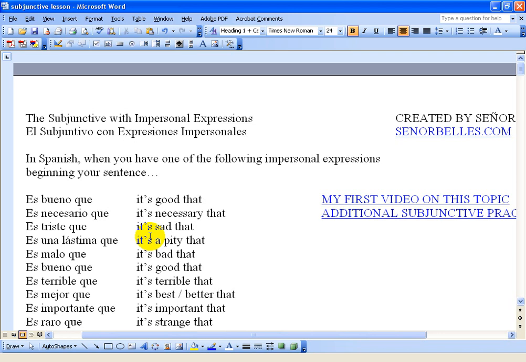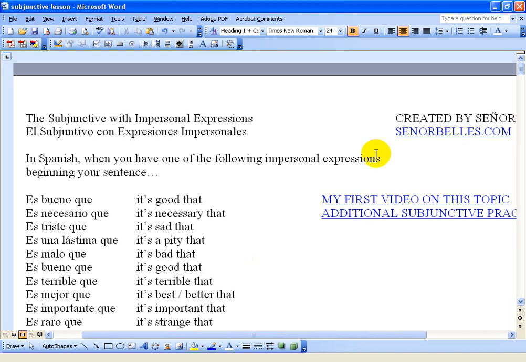For now, we're just going to be looking at one instance in which the subjunctive is used, and I will also be showing you how to form the present tense subjunctive of regular verbs, irregular verbs, boot verbs, and more. So if this doesn't really make sense to you at the end of the video, but you understand how to form it and you understand to use it with these impersonal expressions, then you're good for now, because you'll probably be learning and using it more as you get further along in Spanish.